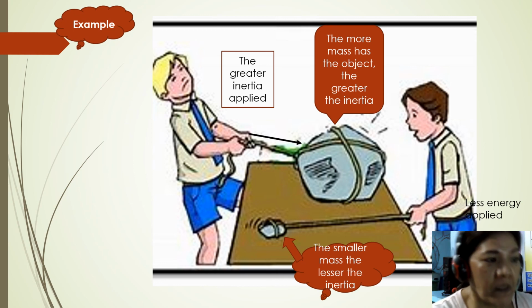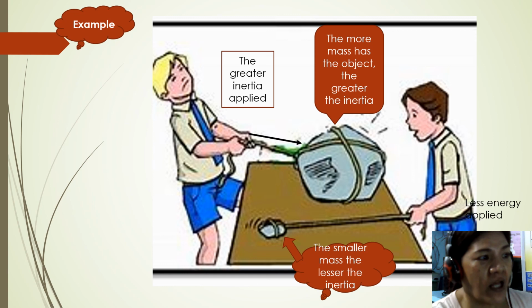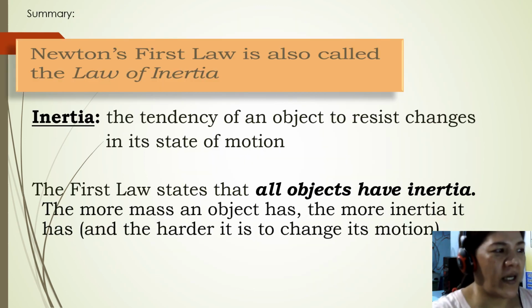So with smaller mass, less energy is applied. With higher mass, you need greater energy for that object to move. Okay, so the first law states that all objects have inertia. The more mass an object has, the more inertia it has, and the harder it is to change its motion.